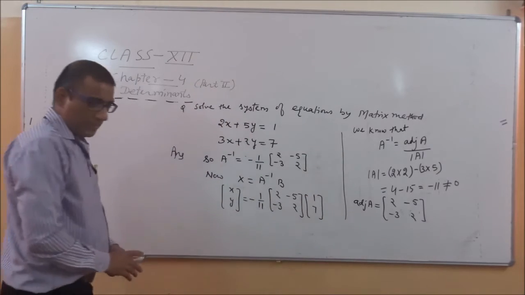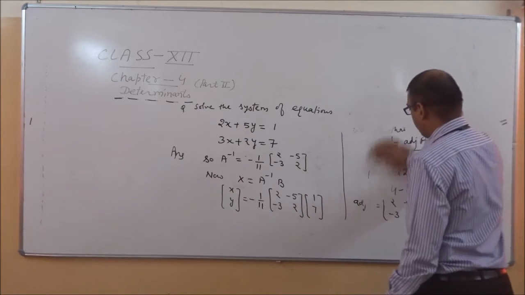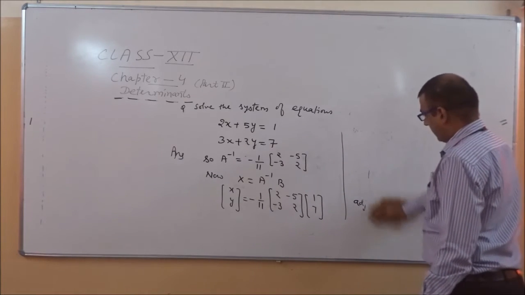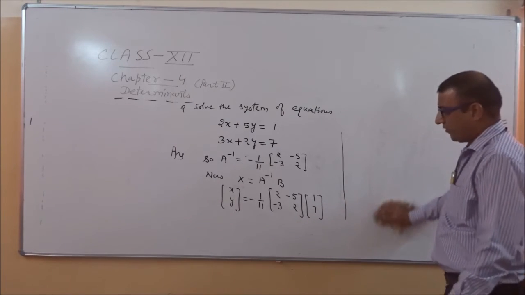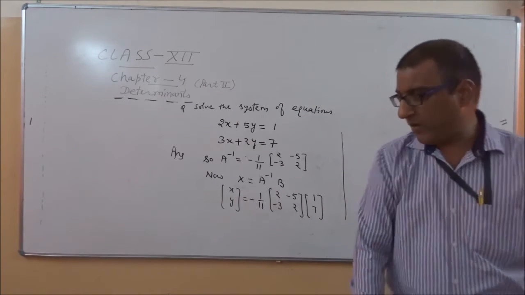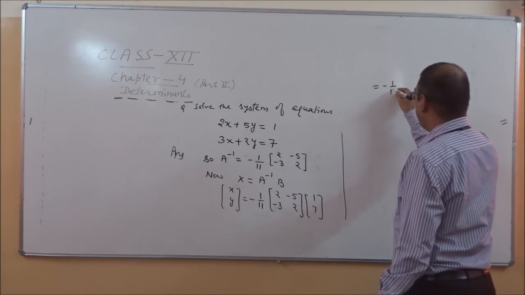Now we will solve it. Let's see what will come. So after applying X equals to A inverse B, we will put the value of A inverse and B, and it can be written as minus 1 upon 11 as it is.